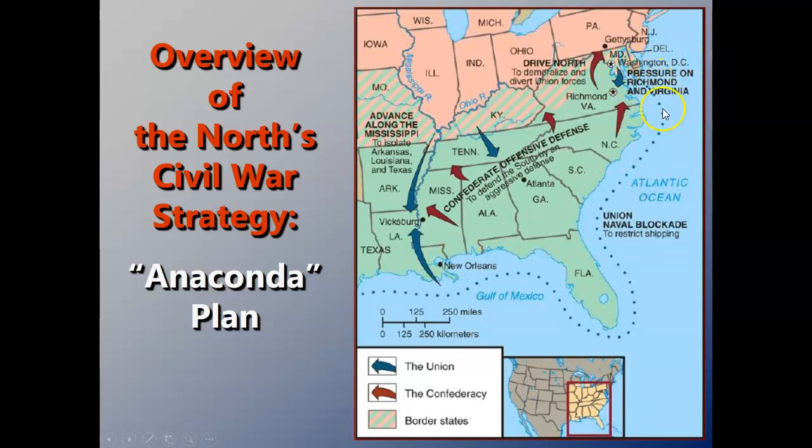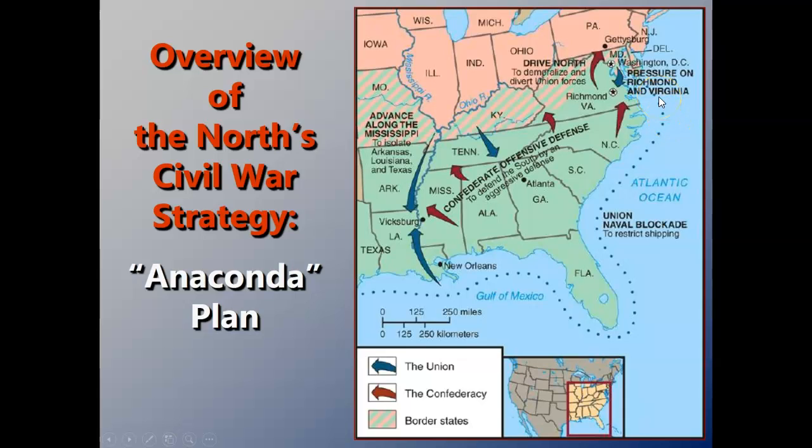Number one, establish a naval blockade to restrict shipping. So blockade the southern states so that they cannot get their goods out into the markets, and thus they can't do any sort of trade, get any sort of resources, and they can't sell their cotton.